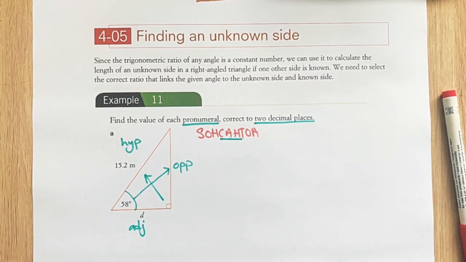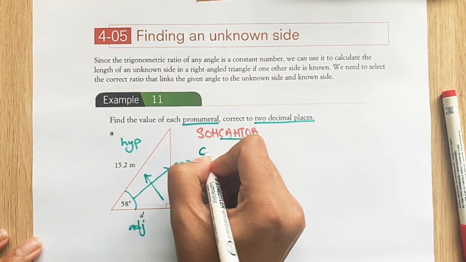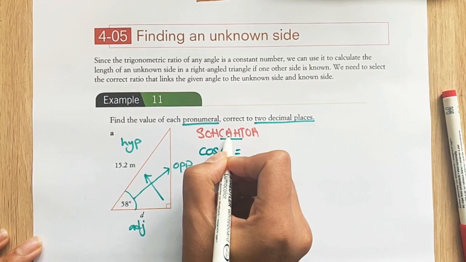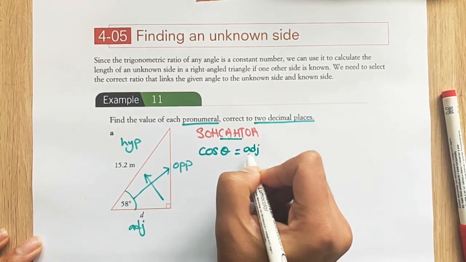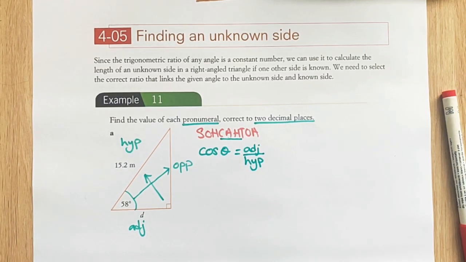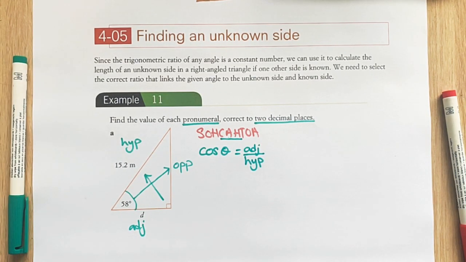Remember, the trigonometric ratio is cos theta equals adjacent over hypotenuse. Now that I have this equation, I will substitute the given information.